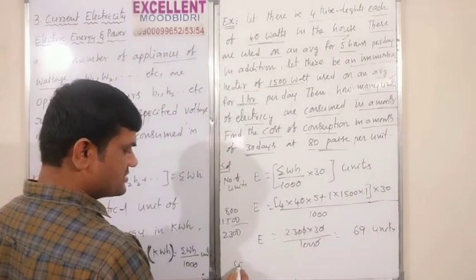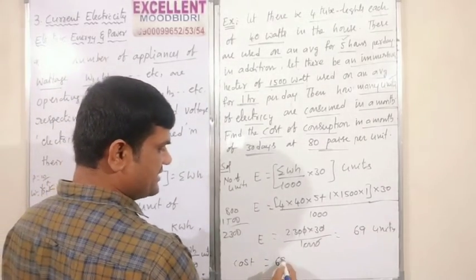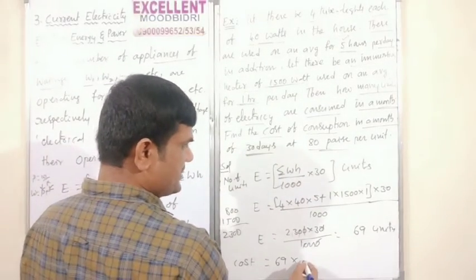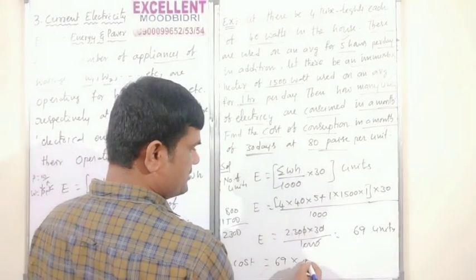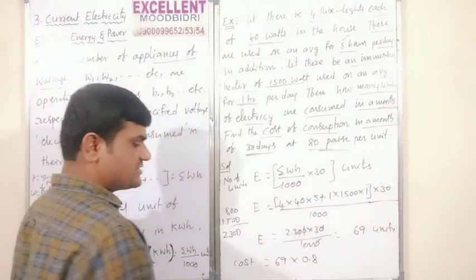So cost is equal to how much? How many units? 69. Each unit costs 80 paise, which means 0.8 rupees.